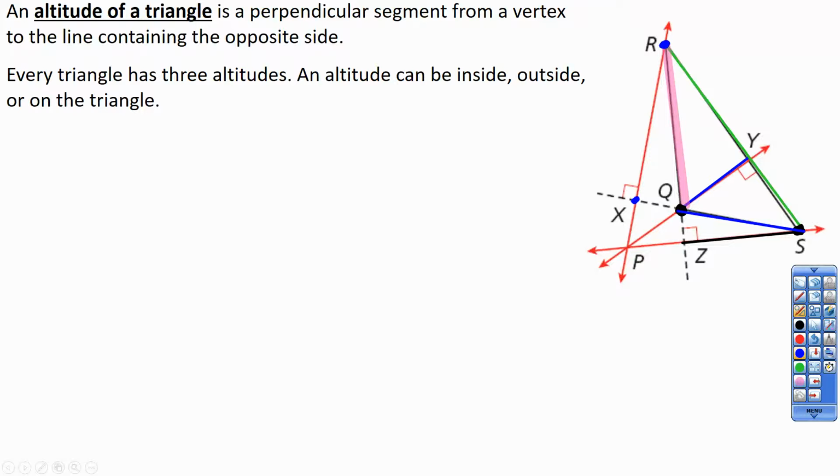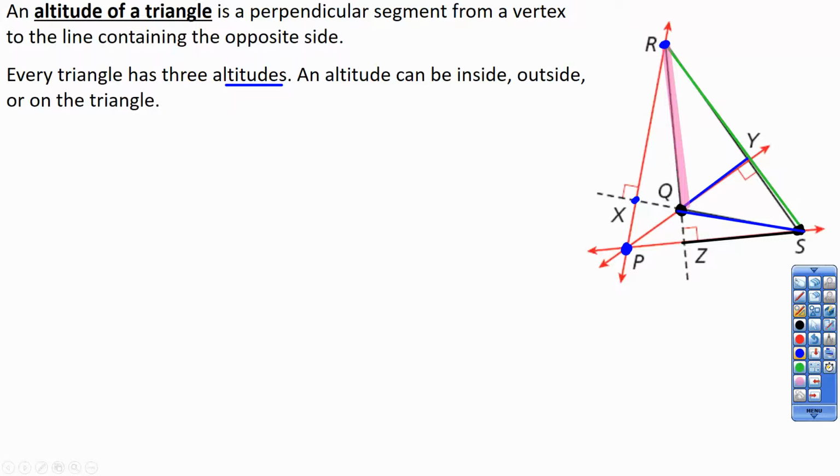And every triangle has 3 altitudes, and if you extend those altitudes so that they become lines and not just the distance YQ or ZS or RX, but if you make them into lines, they all end up coming into contact in one point P. All right?